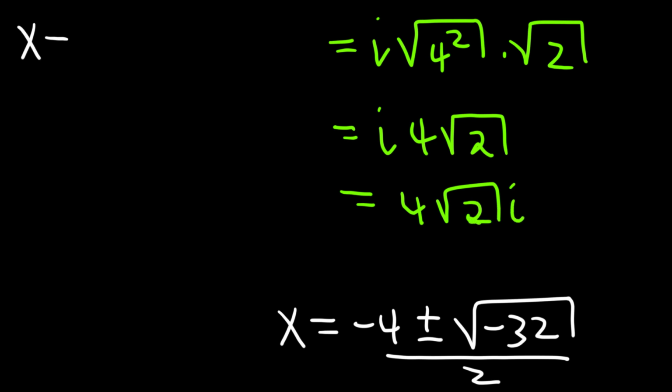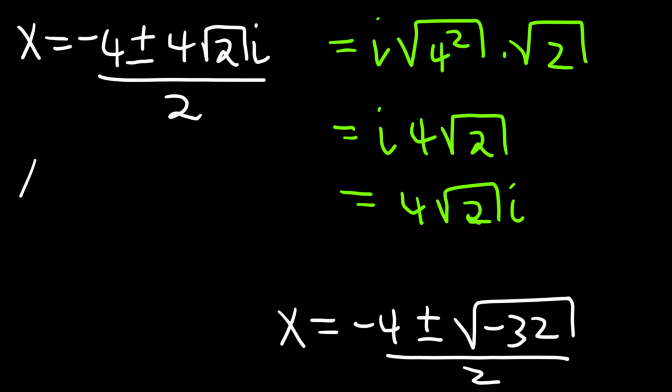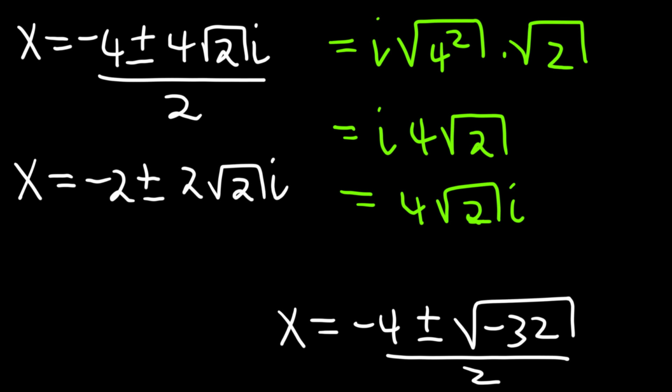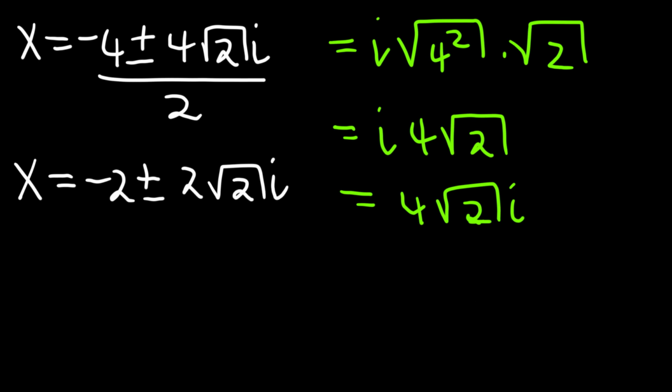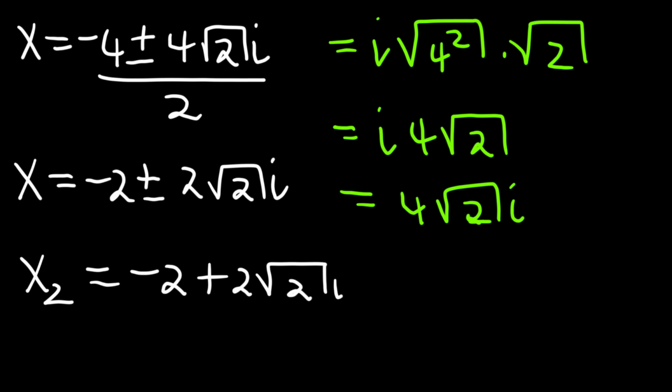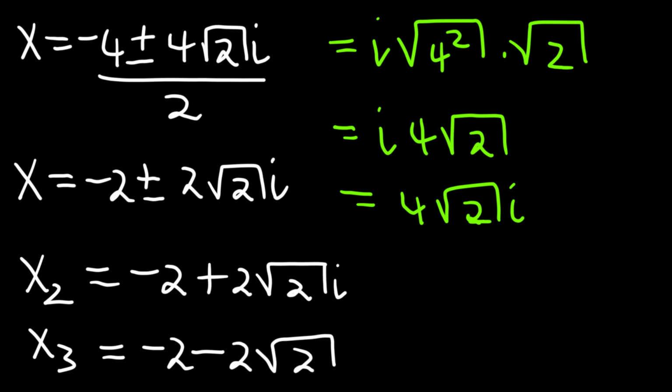Therefore, x will be equal to negative 4 plus or minus 4 times the square root of 2 times i divided by 2. This will give us x equaling negative 2 plus or minus 2 times the square root of 2 times i. Therefore, the complex values of x, we have x2 equaling negative 2 plus 2 times the square root of 2 i, and x3 equaling negative 2 minus 2 times the square root of 2 i.